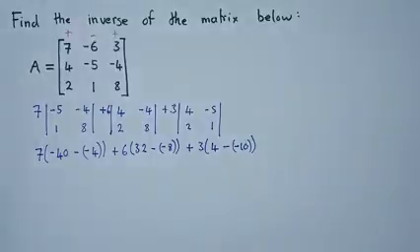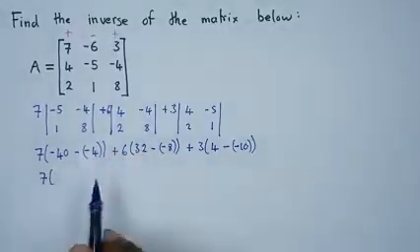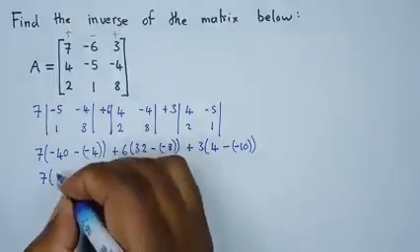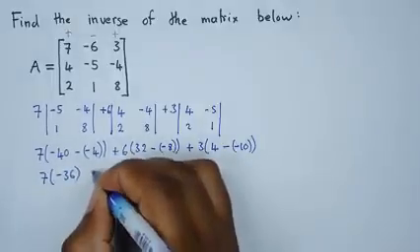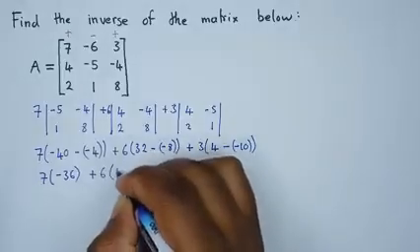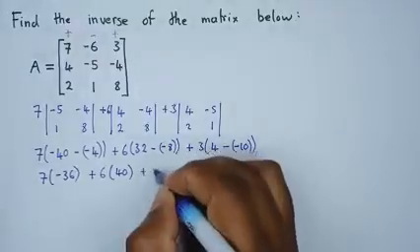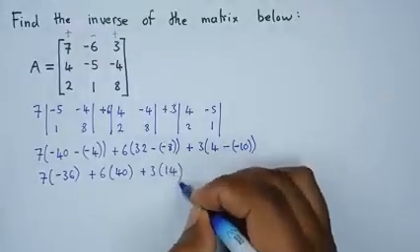Okay, so let's see how it proceeds. So here we have 7 multiplied with, so 40 and -4, simply get -36. Then plus 6. Here we have 40, like that. Then lastly there we have plus 3. In the brackets we'll get a 14, like that.